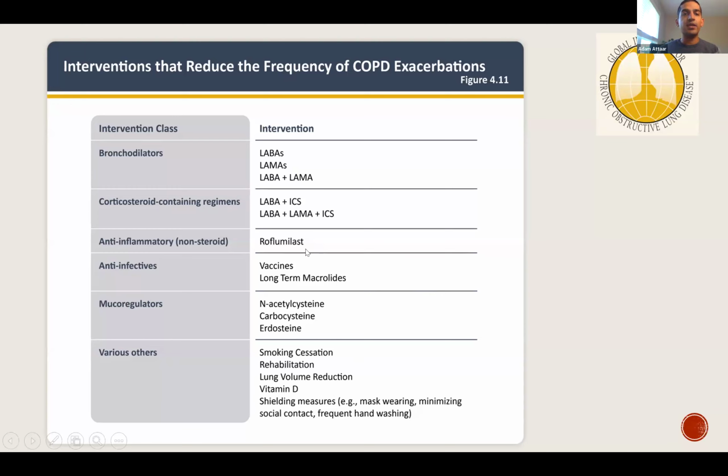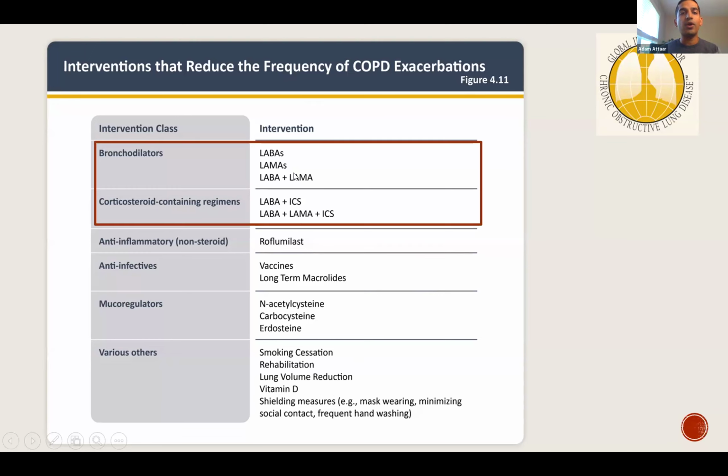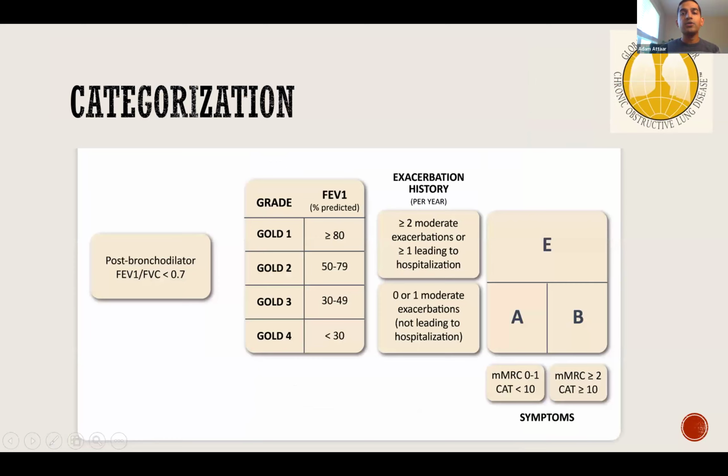I'm going to focus on long-acting bronchodilators as well as inhaled corticosteroids and when you should choose to use these.